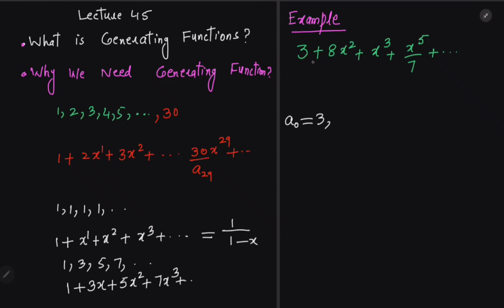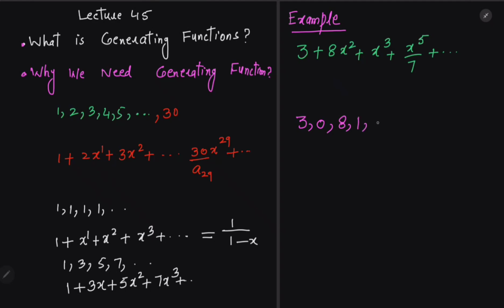Then x raised to power 1: there is no x^1 in this generating series, so a1 is 0. So generally I can write this as 3, 0, then 8, then 1.